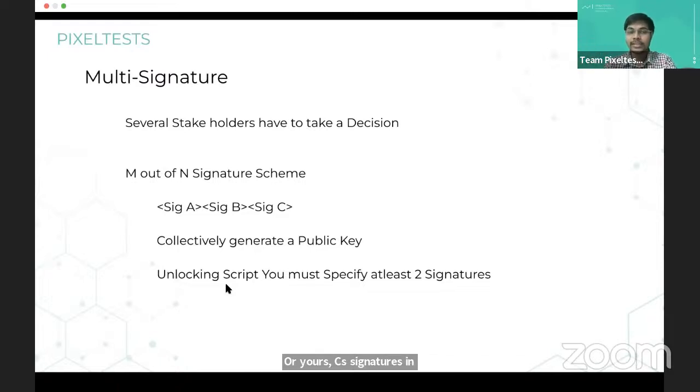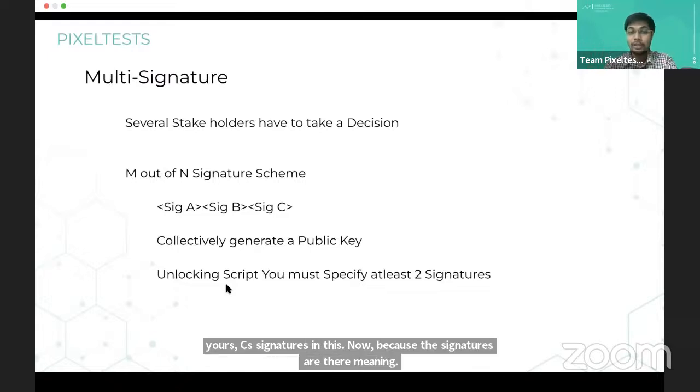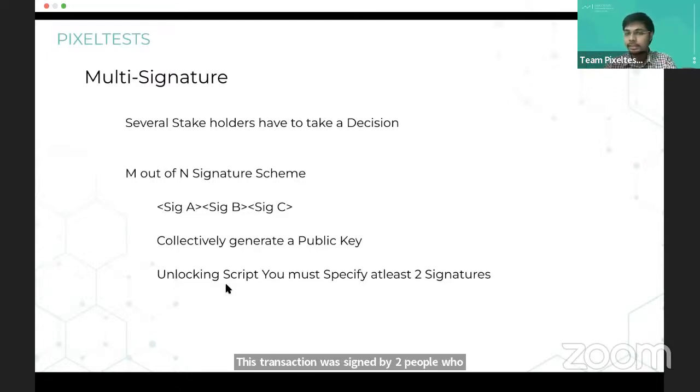Because the signatures are there, this transaction was signed by 2 people who are part of these 3 signatures that I have to verify. Okay, now this seems like a legit collective public key. Let me go ahead and verify this transaction or send this Bitcoin, right? So this is how multi-signature works.